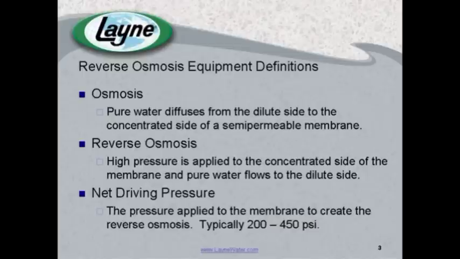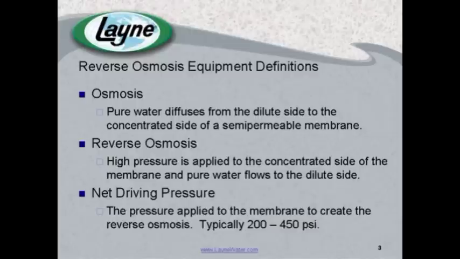You may remember from chemistry class that osmosis is when a pure liquid, in this case water, diffuses from the dilute side to the concentrated side of a system that has been separated by a semi-permeable membrane. So reverse osmosis simply means that we are going to reverse the flow and make highly concentrated liquids disperse through a semi-permeable membrane to create a purified liquid on the other side.